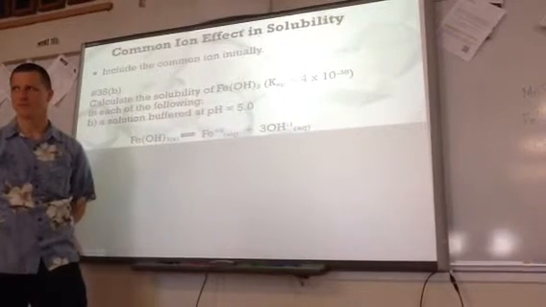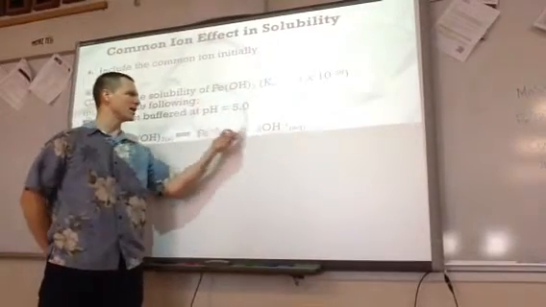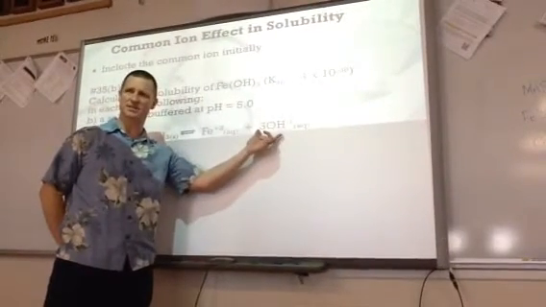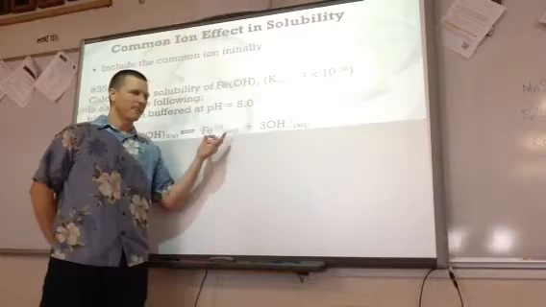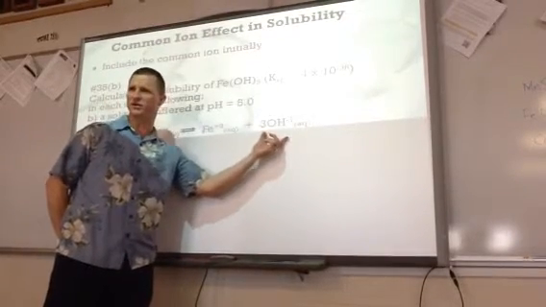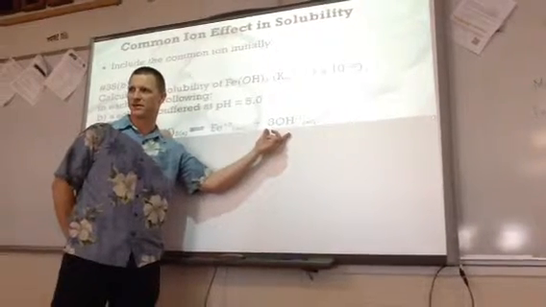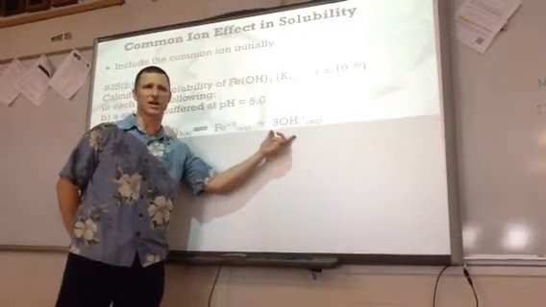So you can find that out. You know how this breaks up into iron ions and hydroxide ions? There is no iron in there initially. Is there hydroxide in there initially? Yes, there is. How much? What's the concentration of hydroxide?